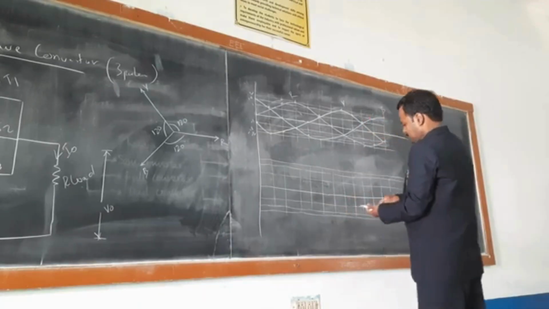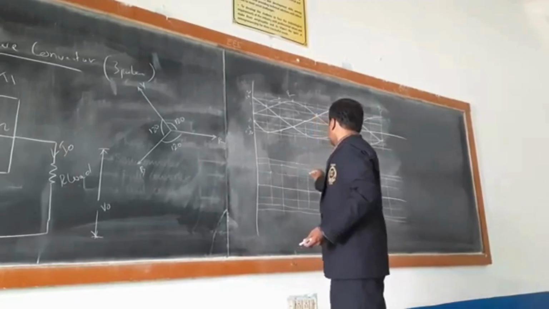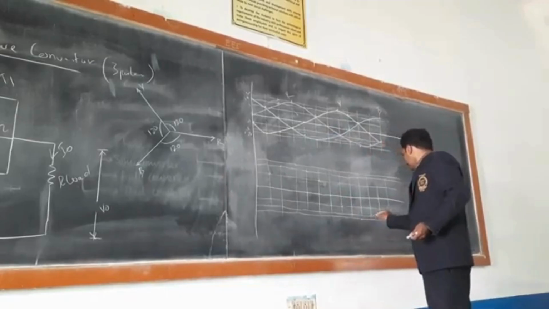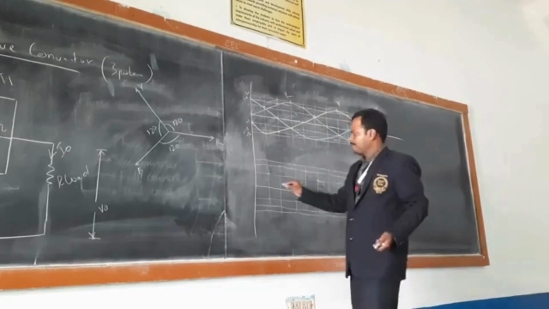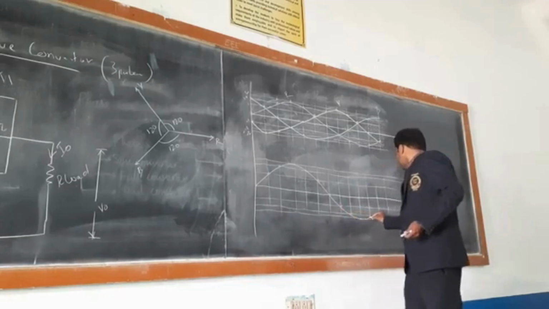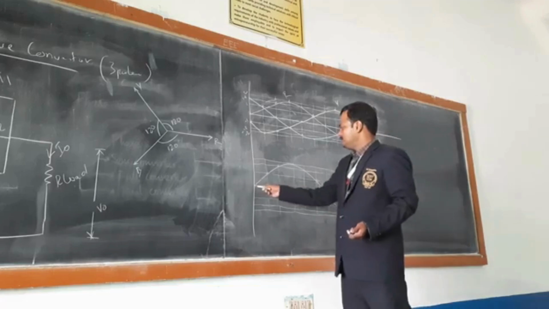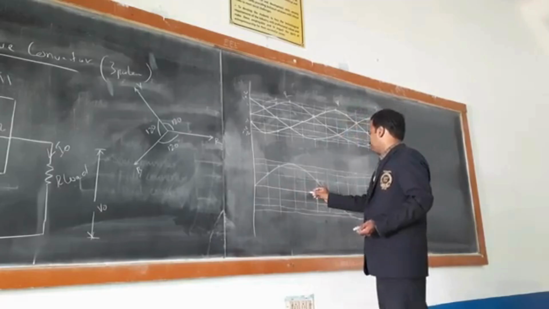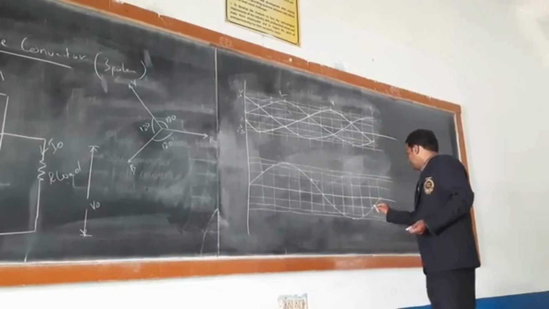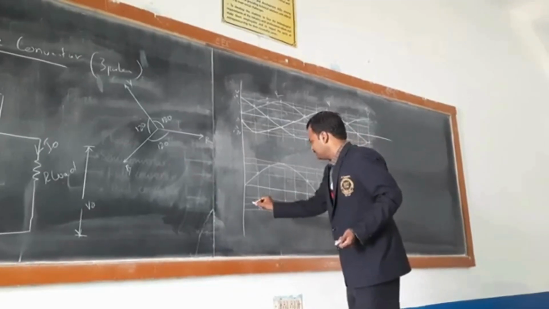Connect all the adjacent terminals starting from 0. This is the R phase. Next the Y phase: 0, 30, 60, 90, 120 from this. Draw the waveform in the reverse direction.